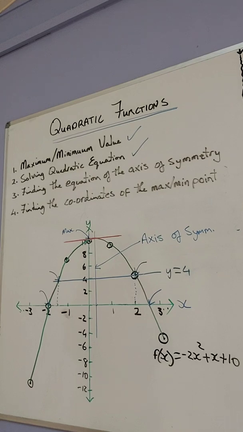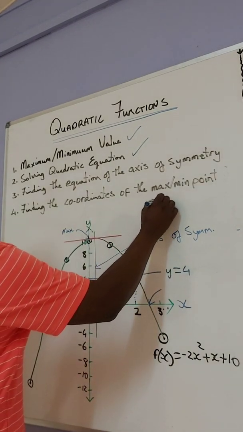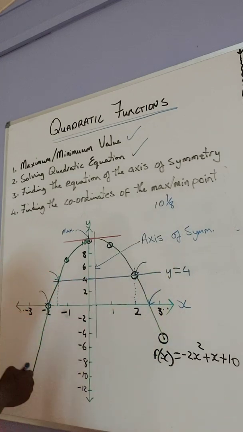To find the coordinates of the maximum point, what you need is the x value for the axis of symmetry and the maximum point itself. Remember, we had the maximum point of y being 10 and 1/8. The x value that would give you that maximum point is on the line of symmetry.